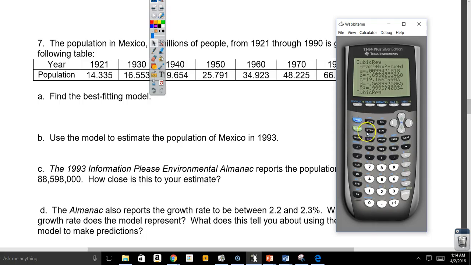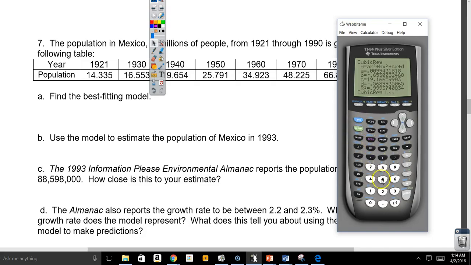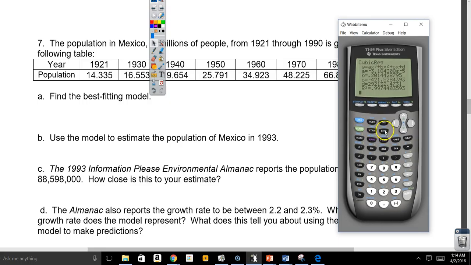L1, I'm going to try a couple before I put it into my L2. So this is a 0.997. Let's try quadratic. Stat calc quad.